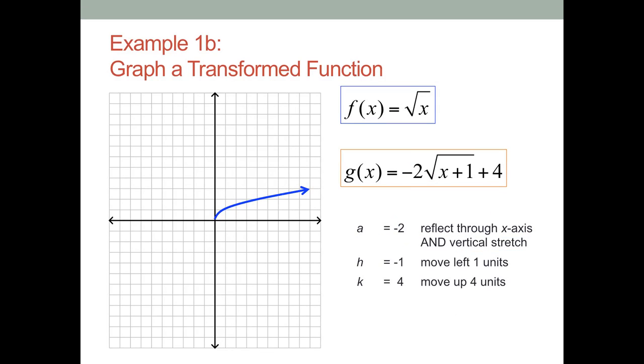So when you go to actually graph this, you want to apply your changes in alphabetical order. The first thing I want to do is reflect through the x-axis, because that's an a value, and I want to deal with a first. So if I just did the reflection, my graph would now look like this.